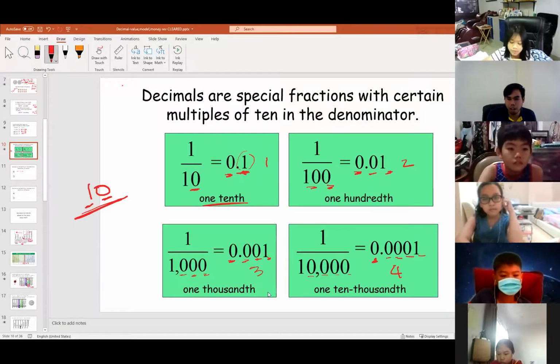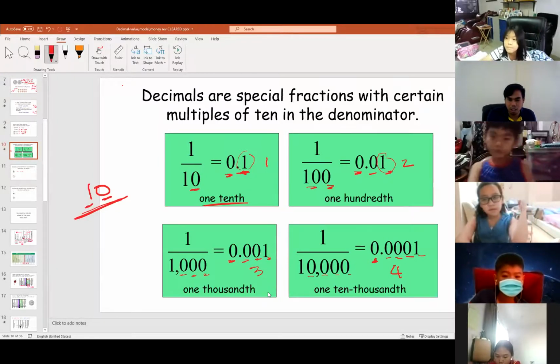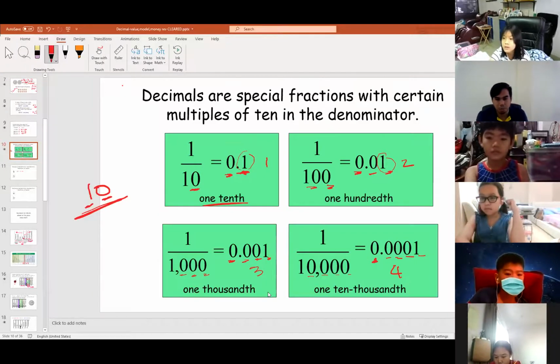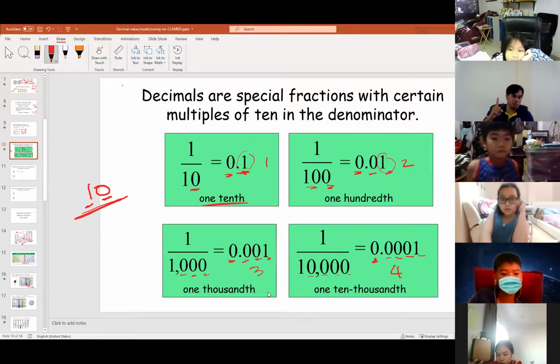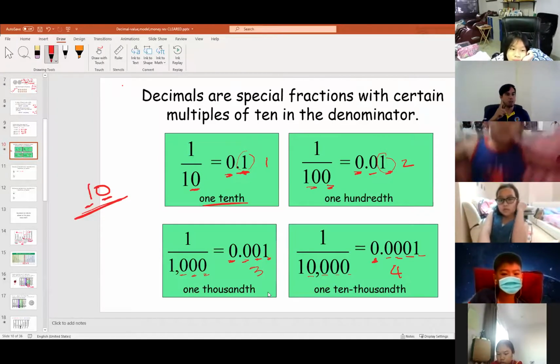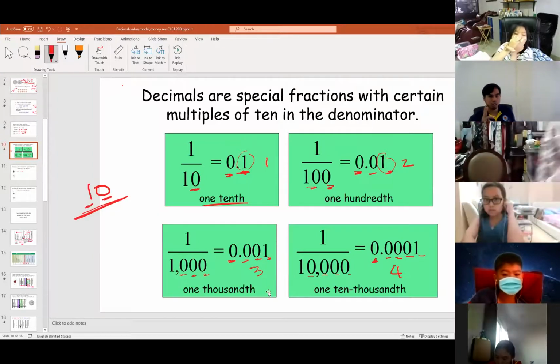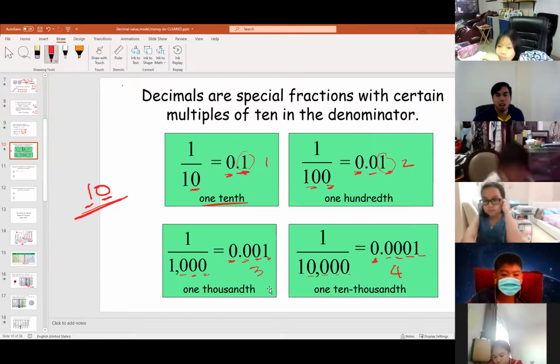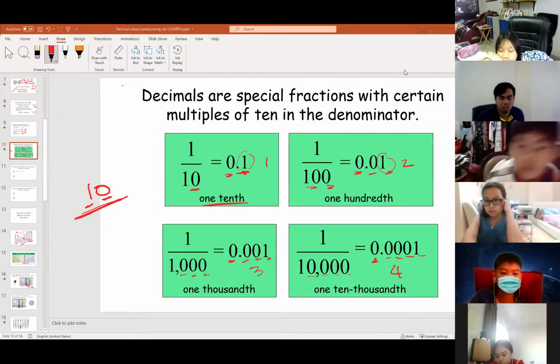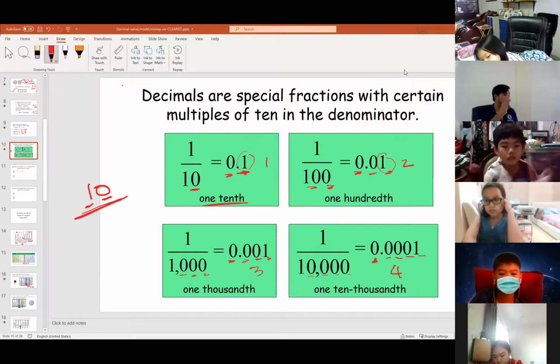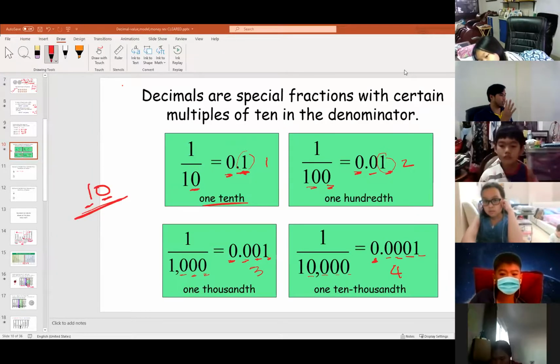Here it's hundredths because 1 is in the hundredths place. One decimal place is tenths, two decimal places is hundredths, and three decimal places is thousandths.